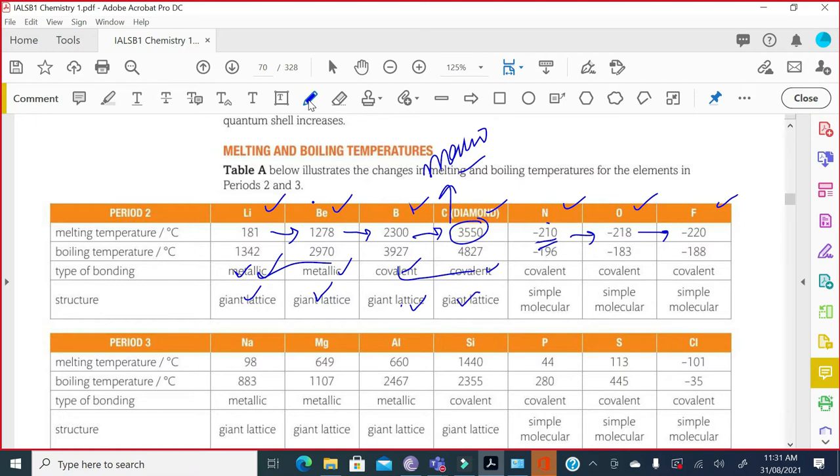The stronger the lattices are, the more energy is needed, so the melting and boiling temperatures are going to be high. And for nitrogen, oxygen and fluorine, simple molecular structures are there. Simple means weak forces of attraction. So a covalent bond is there, but the forces of attraction are weak. That's why you can see that the melting and boiling temperatures are lower.